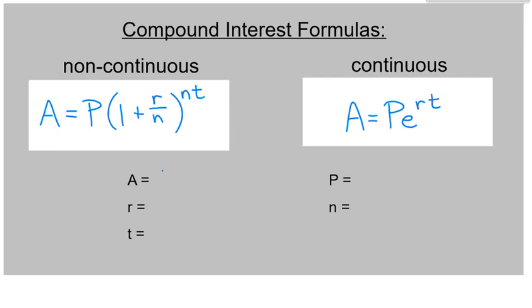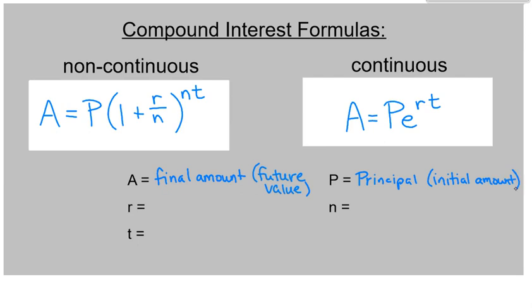A is the final amount of money, sometimes referred to as the future value. So you're taking notes on these formulas, I hope, and jotting down what everything means. P is the principal. That is the initial amount of money, starting amount. R is the interest rate, the annual interest rate, expressed as a decimal.